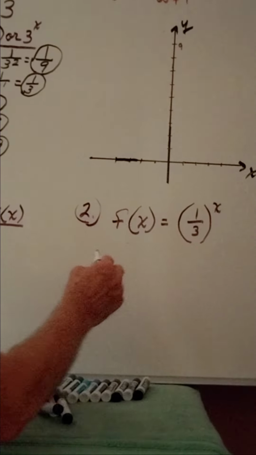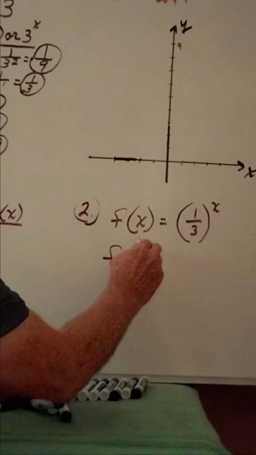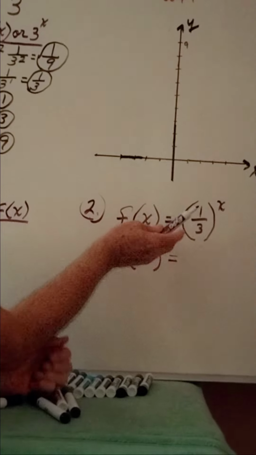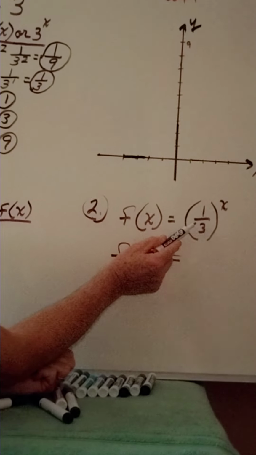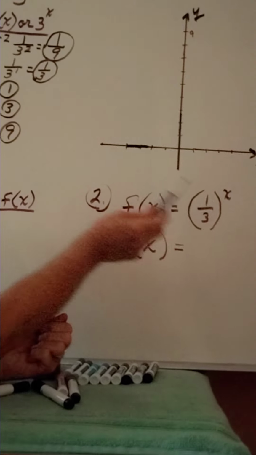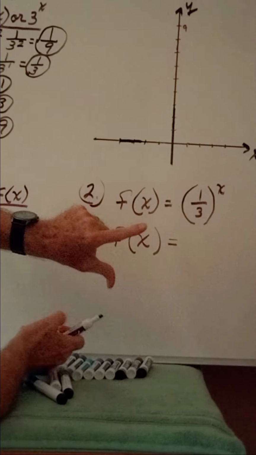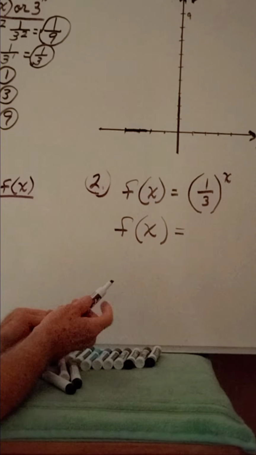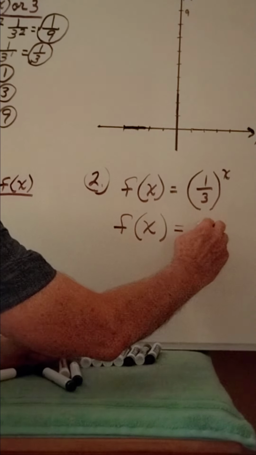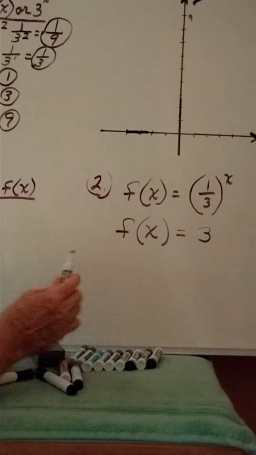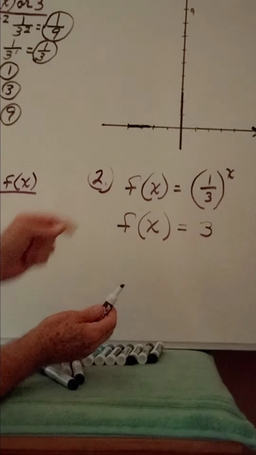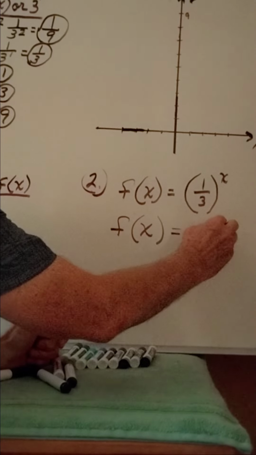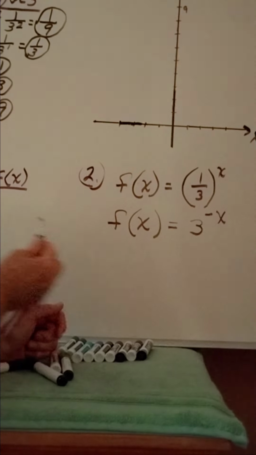F of x is equal to, if we take this base of 1/3 and invert it, flip it over, and make it 3, 3 over 1 is 3, then we'll have to change the sign of that exponent and make it a -1x.